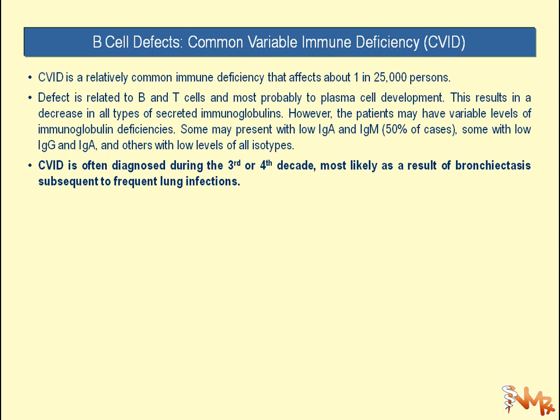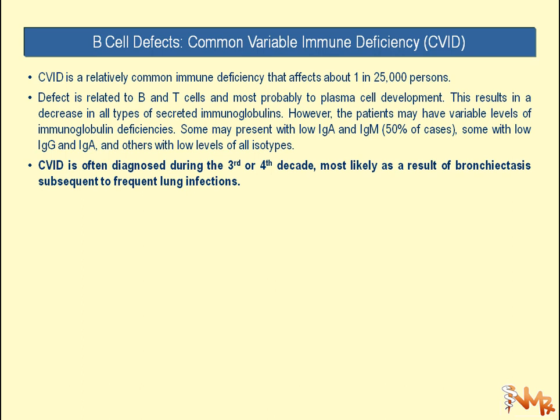So you already have a few must-know high-yield facts: frequent lung infections and the age of the patient, and variable levels of the antibodies. These are the key words on the USMLE or COMLEX exam that you have to look for to diagnose this disease.